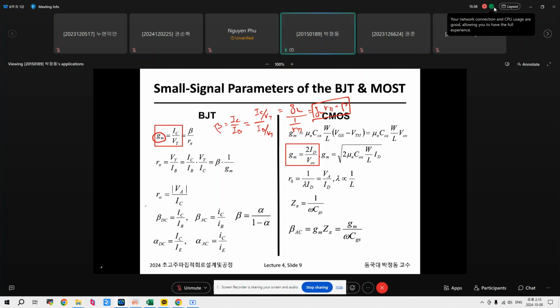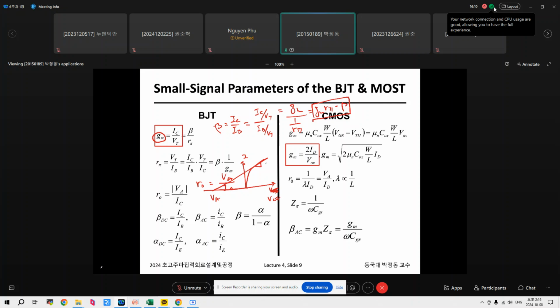Here, RO is VA divided by IC. VA is given by this, and this is the slope of the output current versus VCE.